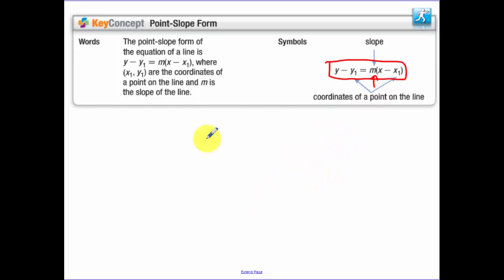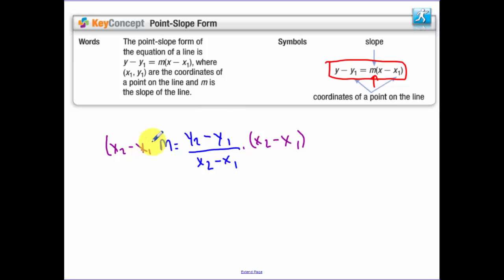Where this formula came from is our slope, y2 minus y1 over x2 minus x1. If I multiply both sides by what's in the denominator to get rid of the denominator, we have y2 minus y1 equals m times x2 minus x1.